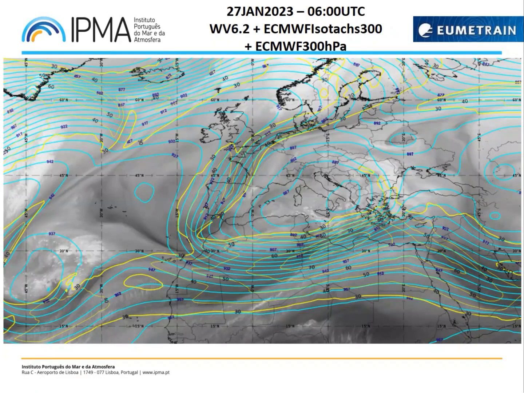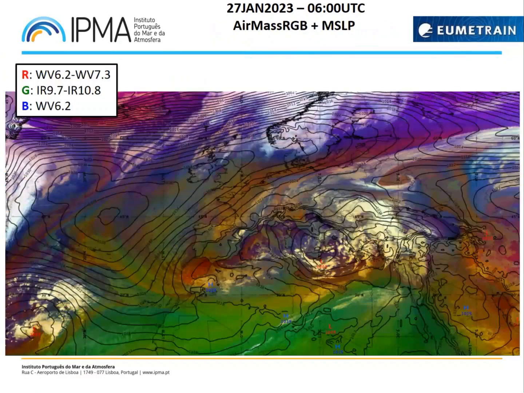So here is the air mass RGB, which is also at 6 UTC, with mean sea level pressure, and it's a good RGB to analyze dynamic processes such as areas with stratospheric air intrusion, and of course the types of air masses.